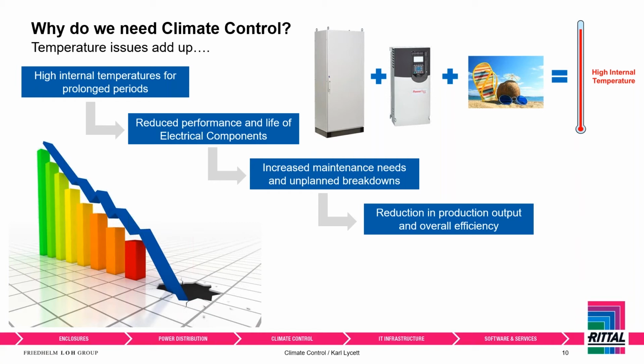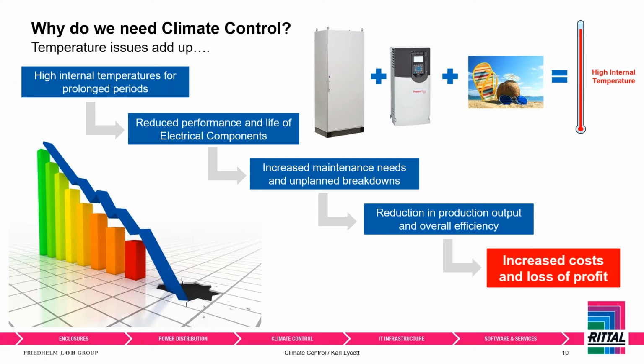So an unplanned breakdown for a site like that is horrendous at this point in time. And all that is going to add up to increased costs and also loss of profit, which, as an engineer, might not be your concern, but your managers, people above who are looking at the organization from a higher level, loss of profit, and money straight off that bottom line is a no-go, because we're always trying to reduce costs, improve profits, get efficiency to 99.9% if we can.